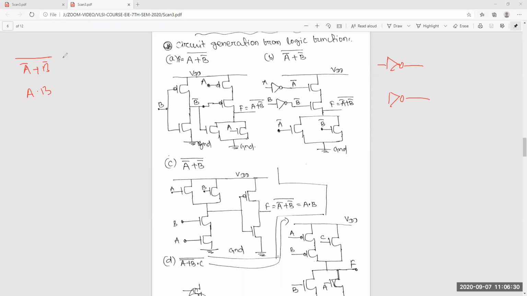For this first one I'm drawing here. This is your A and this is your B. Now we got A bar, B bar. Now this is a NOR gate, so this is series.